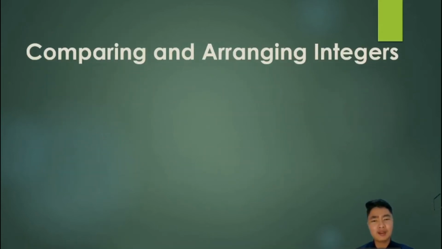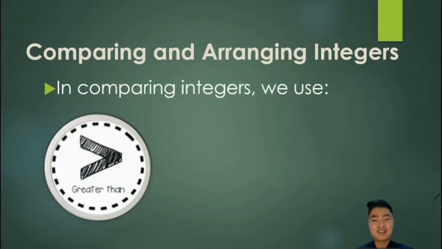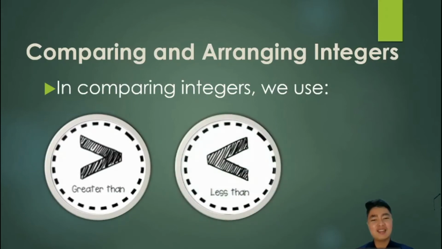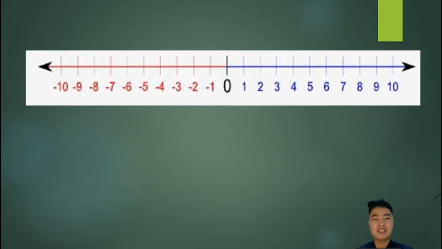How do we compare and arrange integers then? We compare and arrange integers using greater than, less than, and equal to. So just like what we do in regular numbers or regular whole numbers, we also compare integers using these symbols. Alright, I know you already know how to use this, so let's give it a try to our integers.